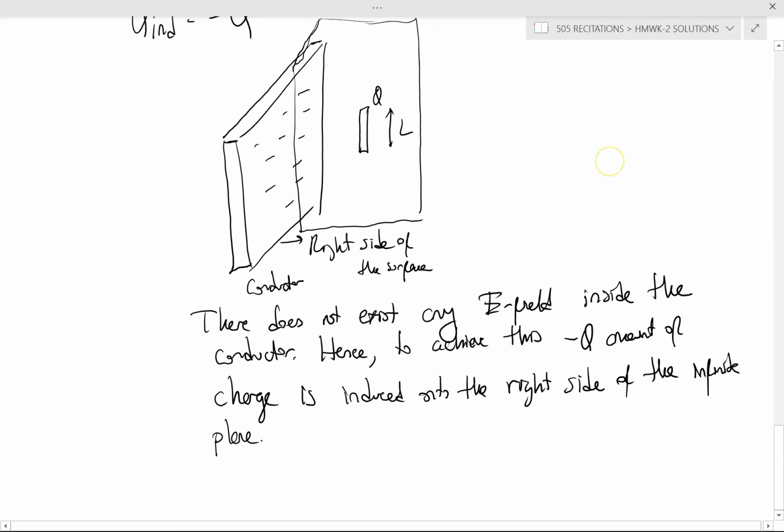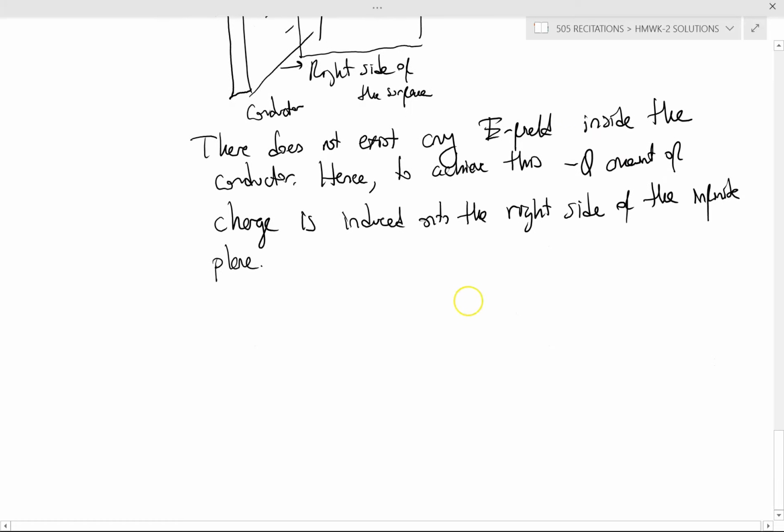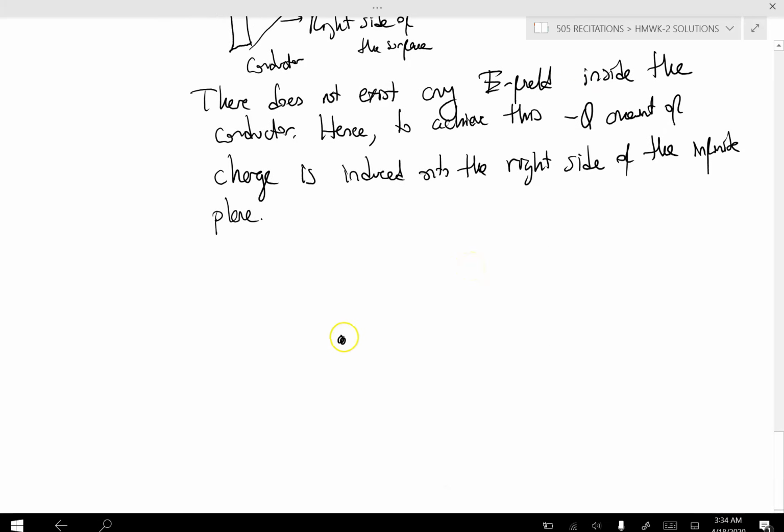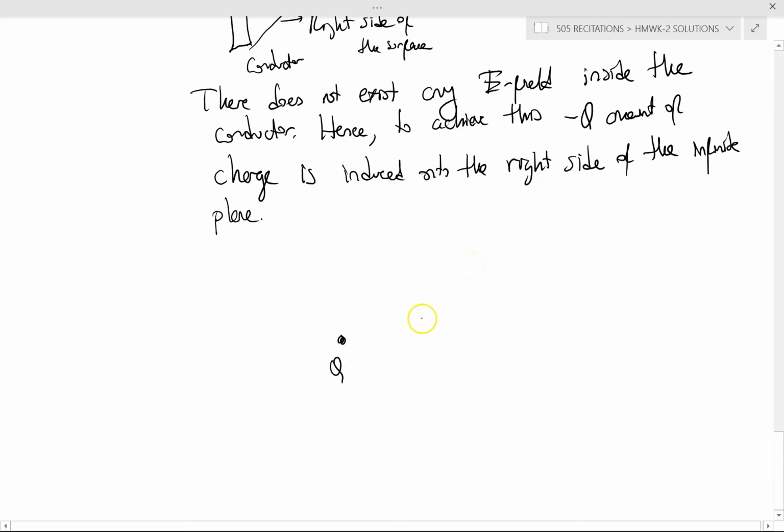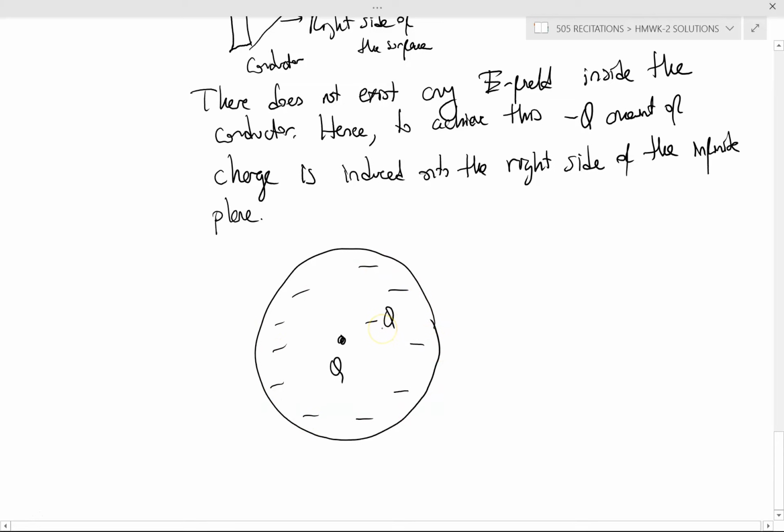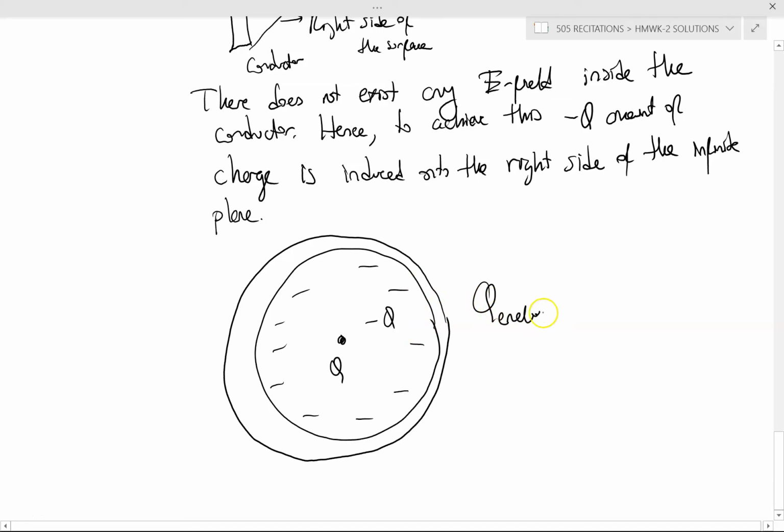Even though this geometry is not quite easy to imagine, let me explain this through a spherical surface. Once I have this sort of geometry, I induced minus charges over here. The amount of the induced charge, the overall must be minus Q, because once I draw my Gaussian surface over here, the enclosed charge must be 0.